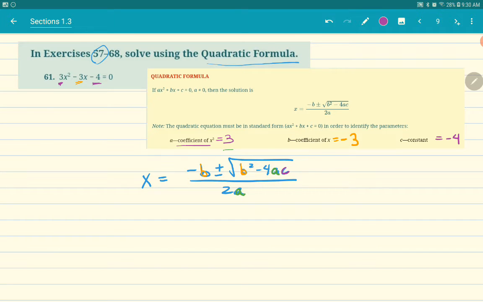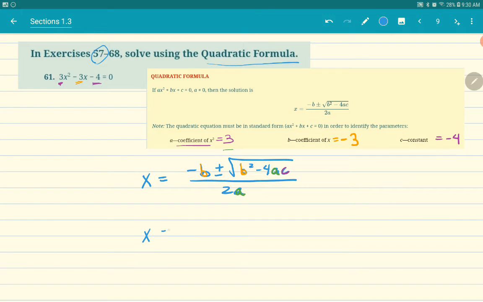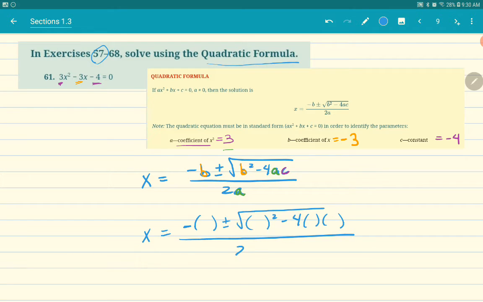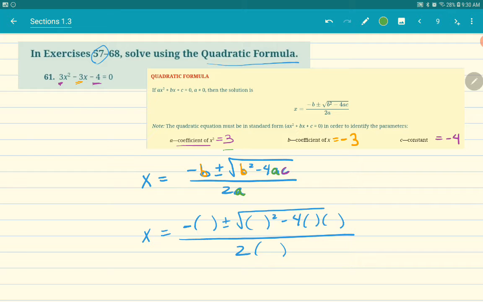All right, so plugging in my a, b, and c, I'm going to rewrite this whole thing with parentheses. So I can just plug in my a's, b's, and c's, and I don't forget any pieces. So I know my a is 3. Wait, why do I have that in purple? I think I messed up. I'm sorry. That should be green.